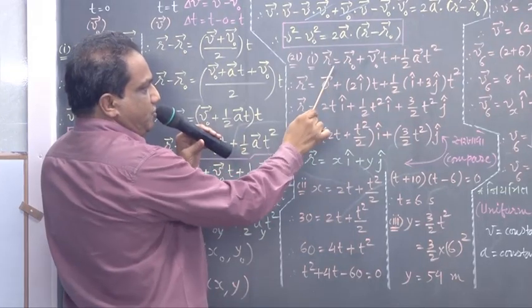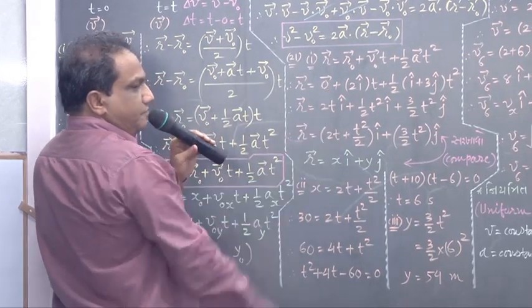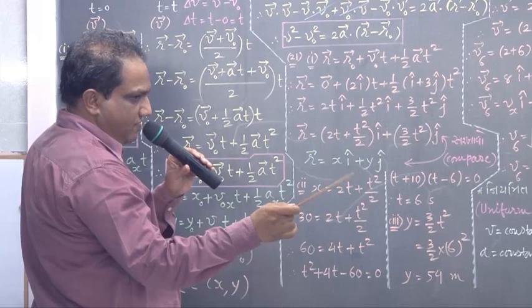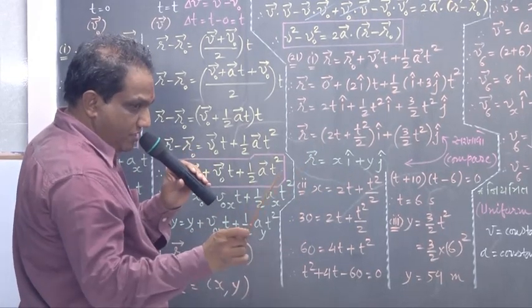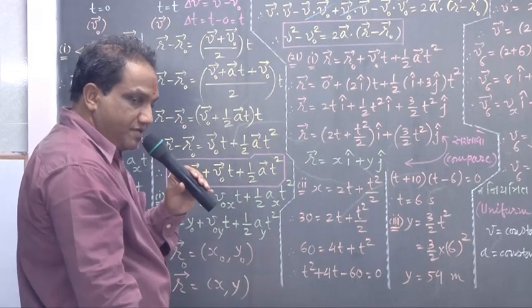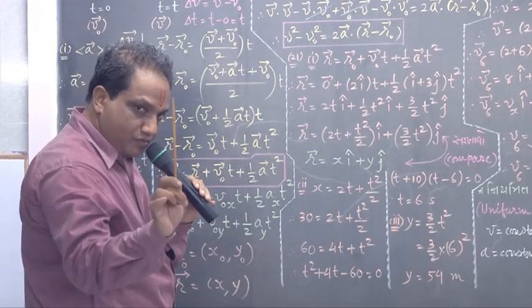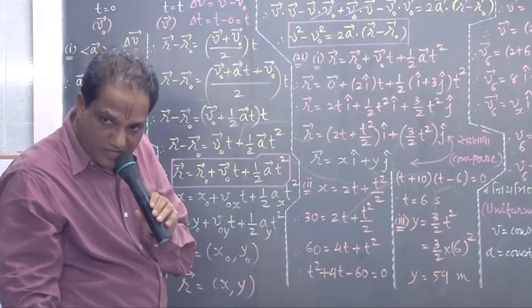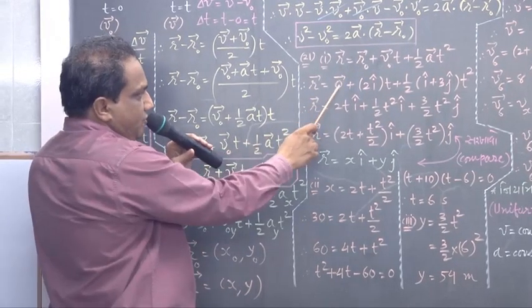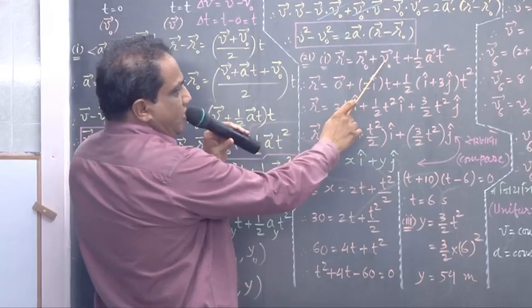Initial position vector, I should take as the 0 vector, because the particle starts from the origin. At the origin, both the coordinates x and y are 0. When both the coordinates are 0, that vector will be a 0 vector. What about initial velocity?